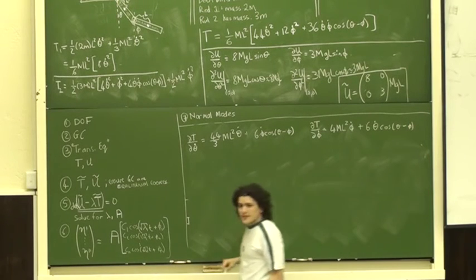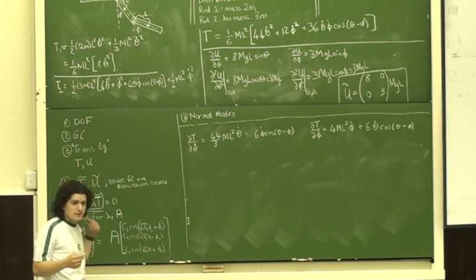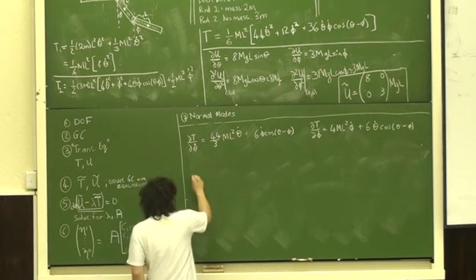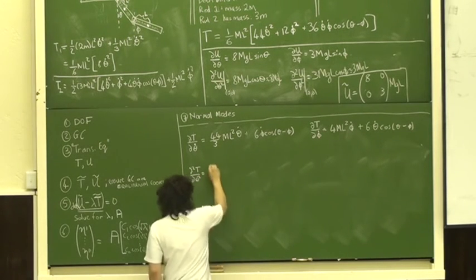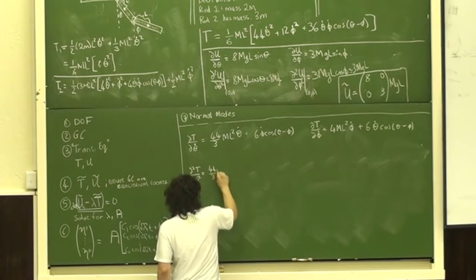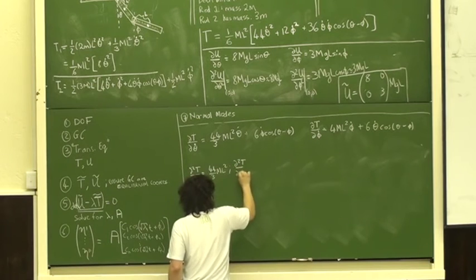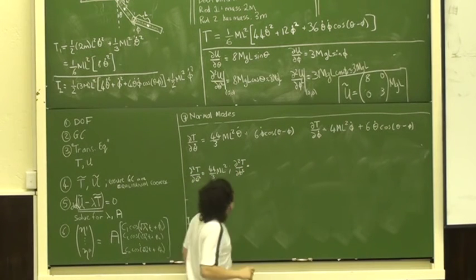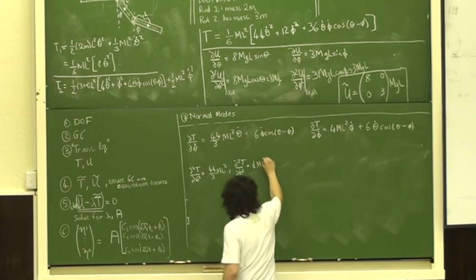Right. So we can get the Hessian matrix now by differentiating these again. And we get del squared T by del theta dot squared is simply 44 over 3 m L squared. Del squared T by del phi dot squared is simply 4 m L squared.